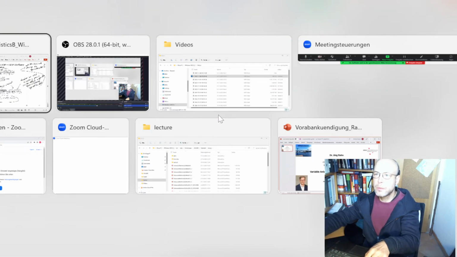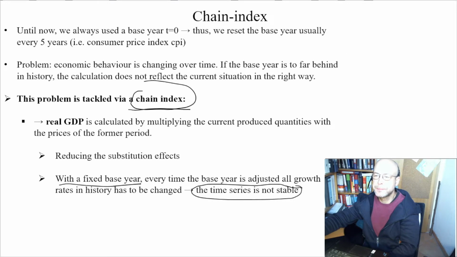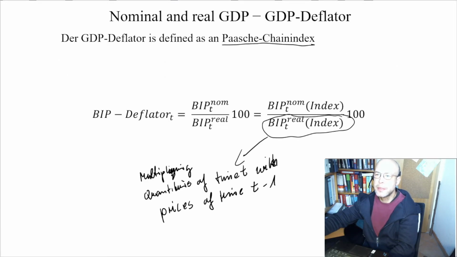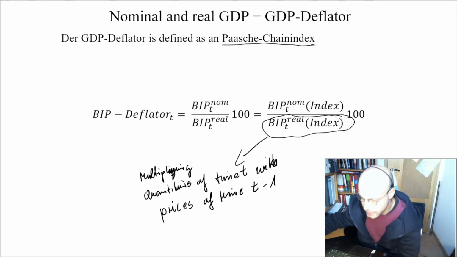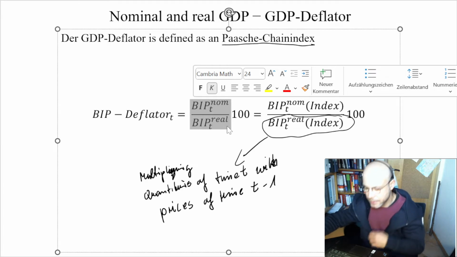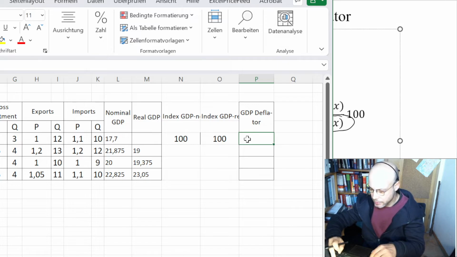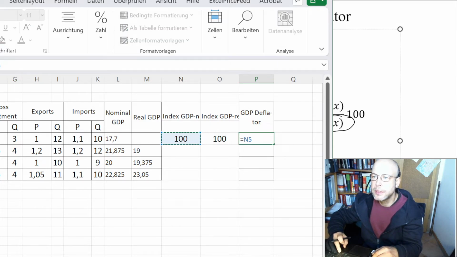This means what we are doing, when we want to calculate the GDP deflator, this is just nominal GDP divided by real GDP times 100. So let's do this.